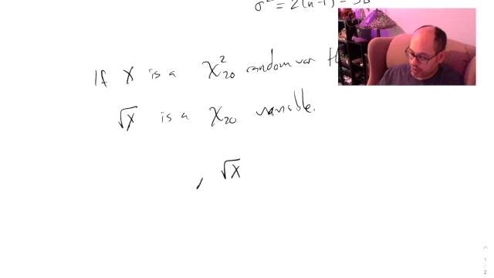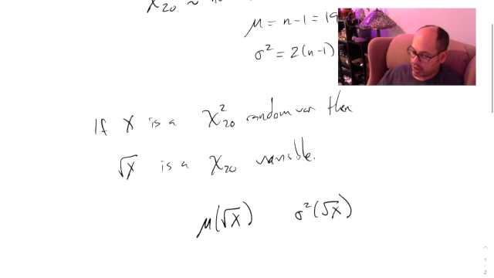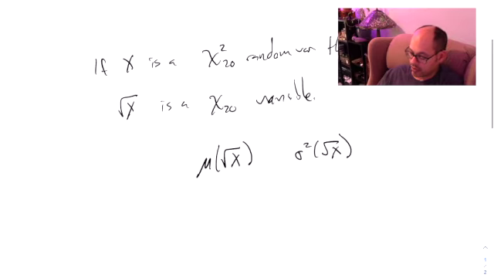If we knew the mean of the square root of x and the variance of the square root of x, then from that we'd be able to get a very nice confidence interval as desired for a normal random variable.